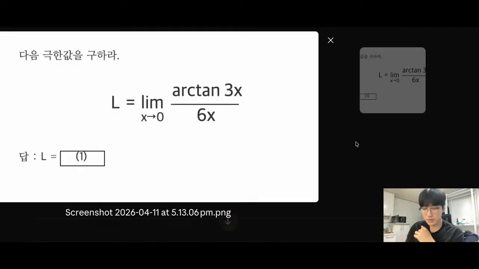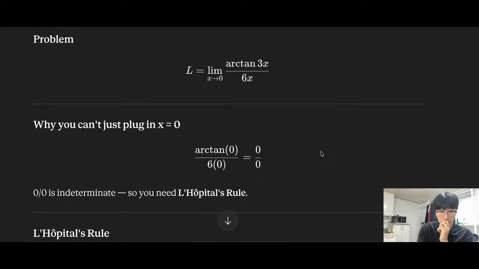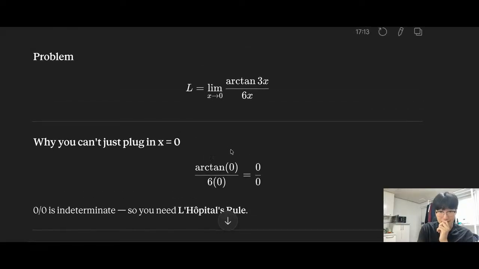So we have the limit L equals the limit as x is heading to 0 of arctangent of 3x over 6x, and we are looking for the limit. Why can't you just plug in x equals 0?